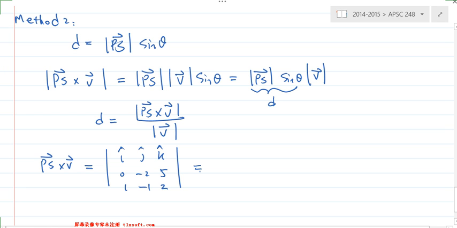I'll write it down right here. Seriously, you need to exercise those calculations. Then calculate the norm divided by the norm of V, and you'll see that it's exactly the same result as in method number 1.